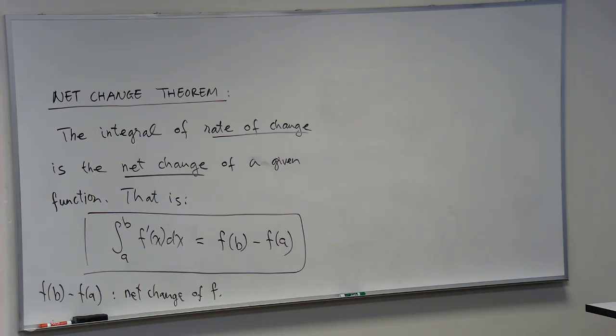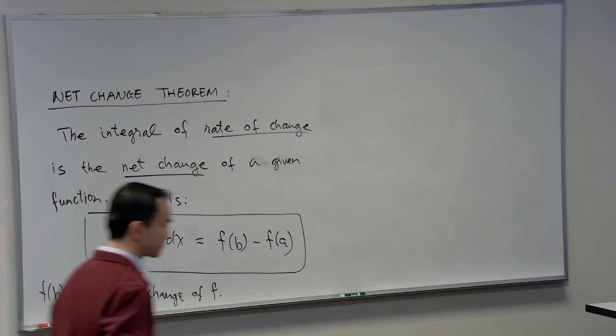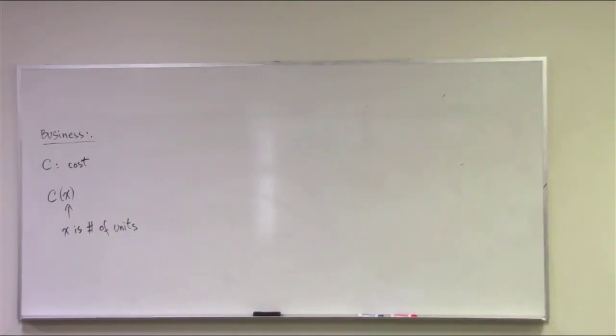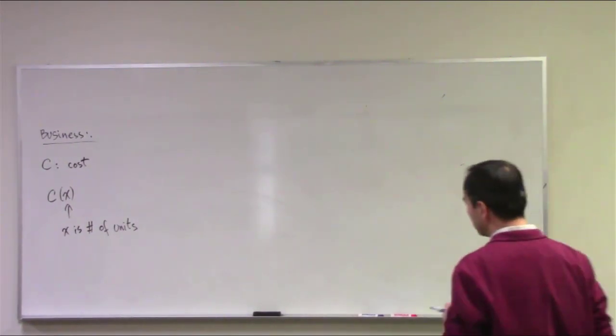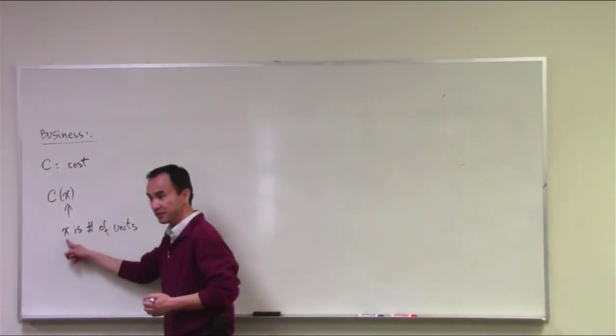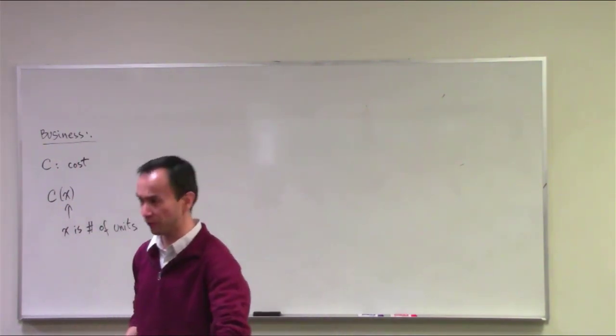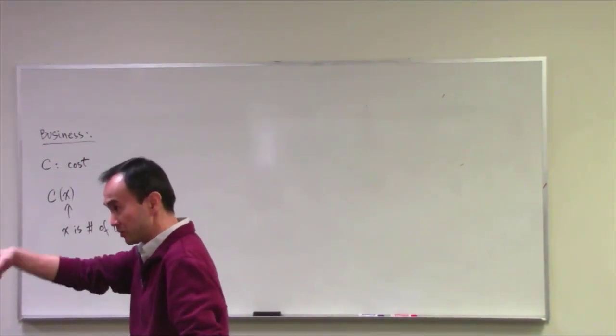Just think about that. When you're running a factory, you have to spend money to produce x units. Say you're the iPhone company, for example. You have to spend money to produce those parts.